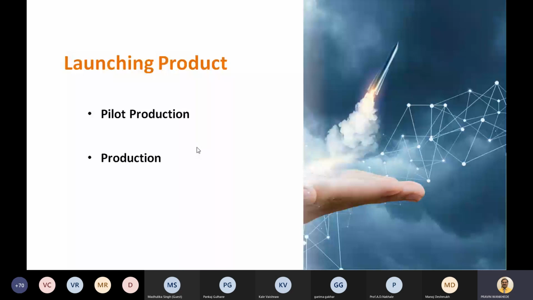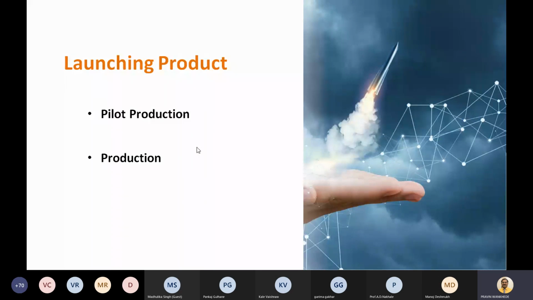Okay, because see, why I am discussing here how much you are investing in the development of your product or your hardware, depending on that and also depending on the quantity, we should think about whether to go for the pilot production or the final production. So generally, what is the pilot production?